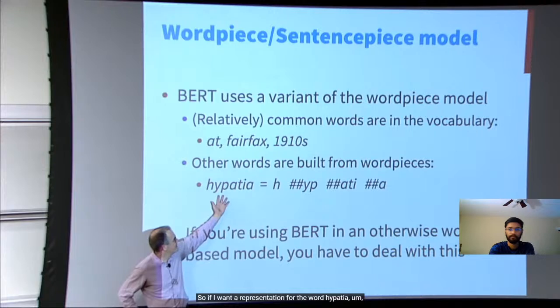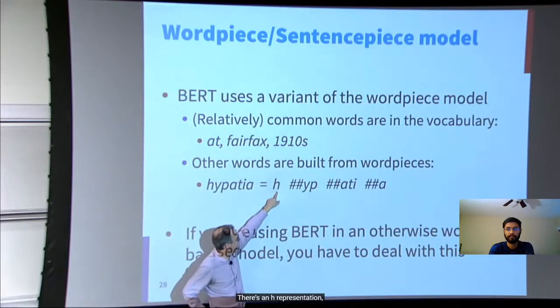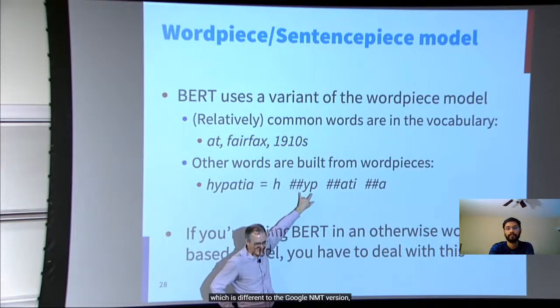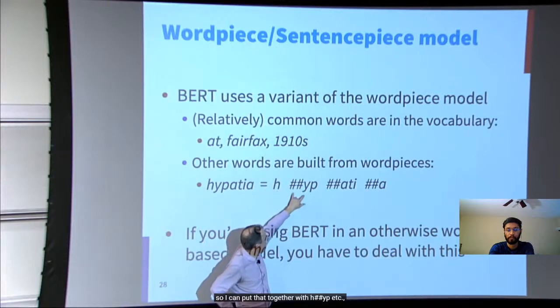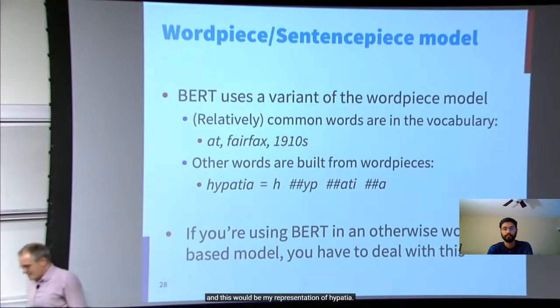So if I want a representation for the word Hypatia, that's not in the vocabulary, and so I'm making it up of pieces. There's an H representation, and then in the BERT version, which is different to the Google NMT version, the non-initial word pieces are represented with two hashes at the start, so I can put that together with H, ##YP, etc., and this would be my representation of Hypatia.